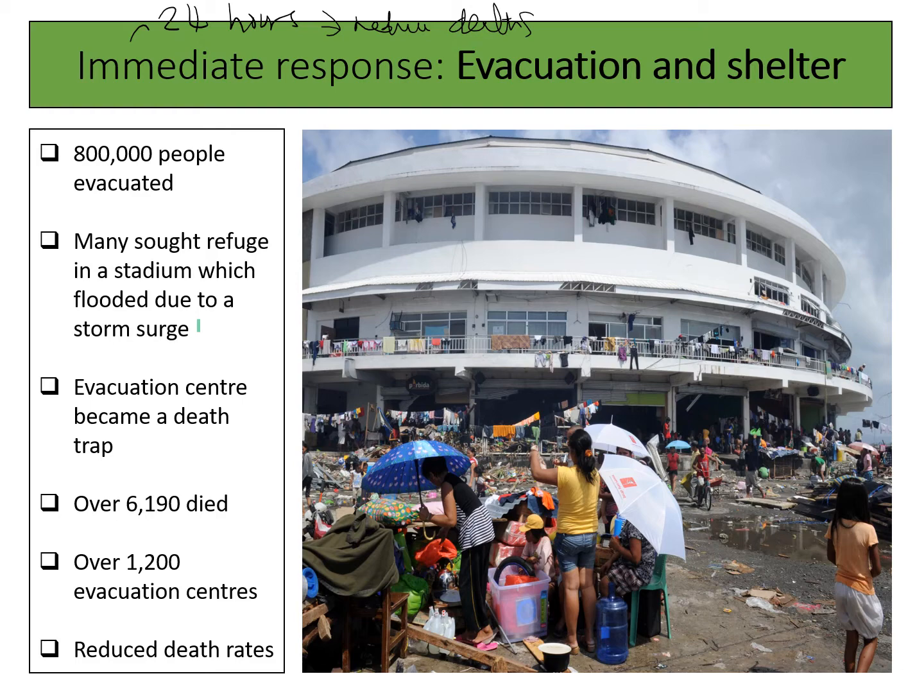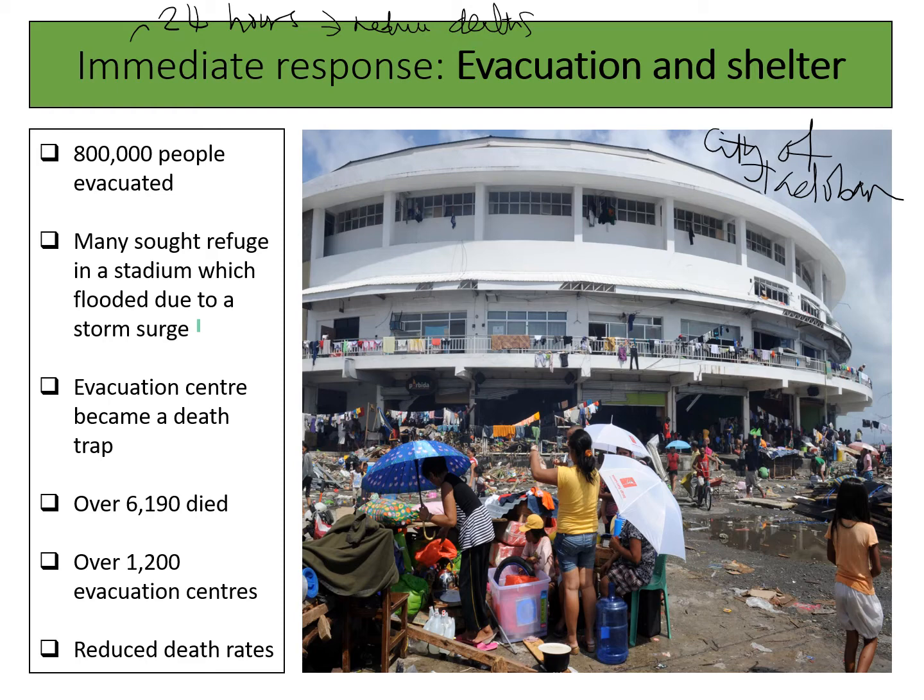So why? Well, they put them into a refuge stadium in the city of Tacloban, and you can see this here. This is the city of Tacloban, and they put them in the stadium because it was large enough to be able to hold lots of people.